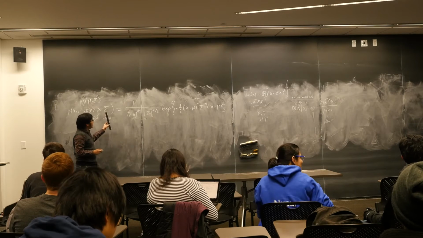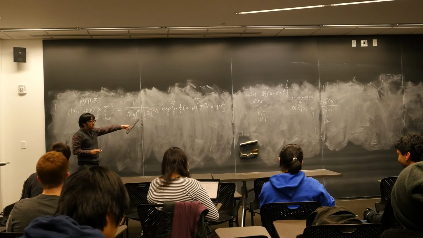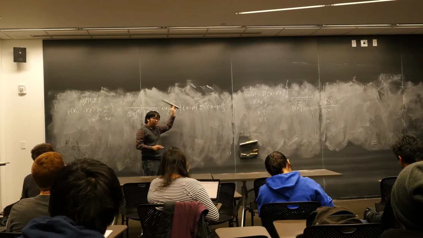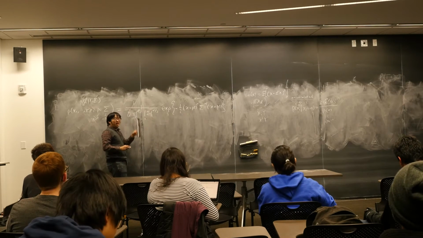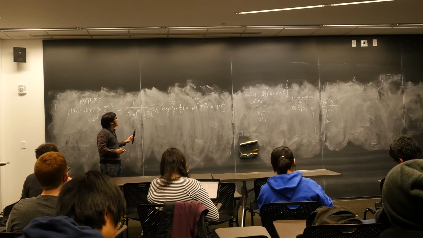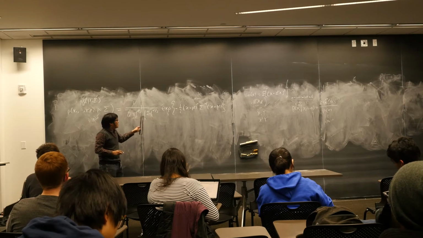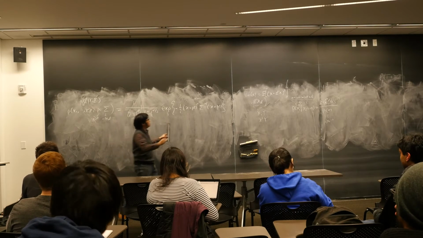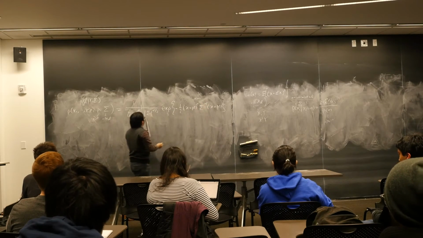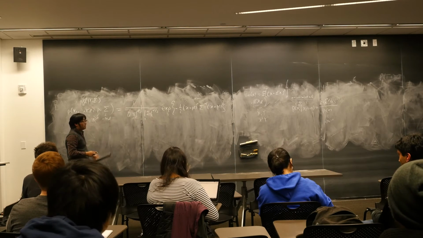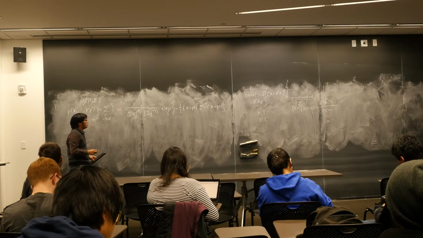So we assume sigma is invertible, which means the determinant is not zero. If the determinant is zero and sigma is not invertible, it will be complicated. I don't remember the name. If sigma is not full rank, this thing will become degenerate. But we will focus on the case where sigma is full rank, so sigma is invertible.